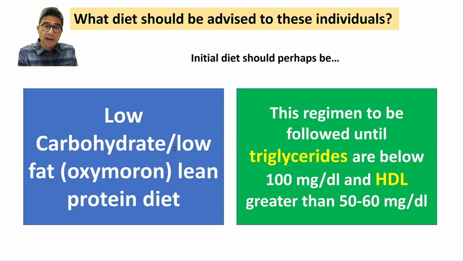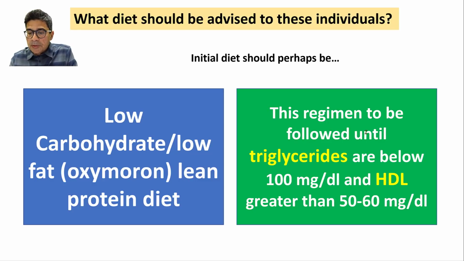There is calorie restriction with that because you cannot eat enough protein for your caloric needs. So you're actually eating less, but you are mobilizing fat from your fat cells and you are emptying your fat cells so that you can pack them with the fat that you are ingesting when you start ingesting fat.